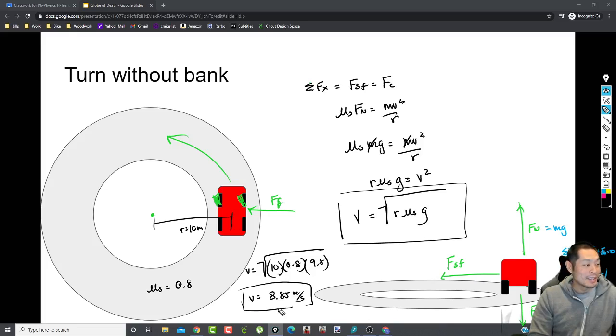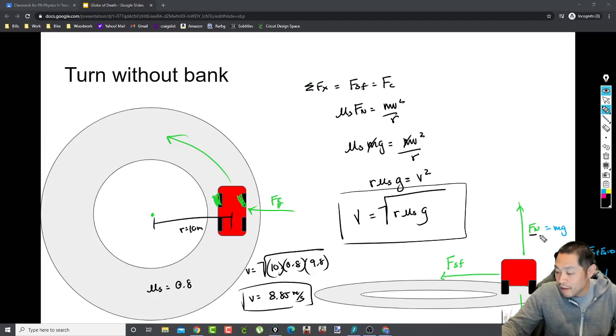So what happens if you go slower? If you go slower, it's okay because you have more force of friction than you need. So if you're going slower, you can make the turn perfectly fine. Why do you have more friction if you go slower? Because friction is based on Fn, right?